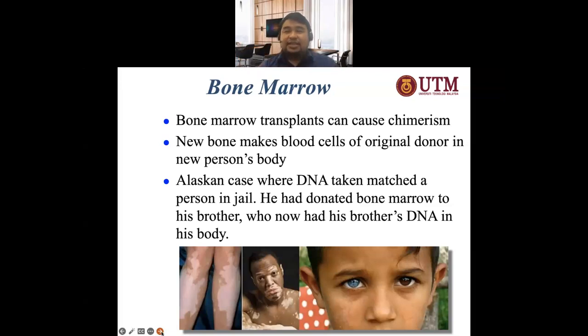So in this case, there are two. There is no one person that has two sets of DNA except for chimeras and bone marrow recipients. That's why the statement is very important. "No two people have identical DNA" is wrong, except when you add "except for identical twins," then it's correct.